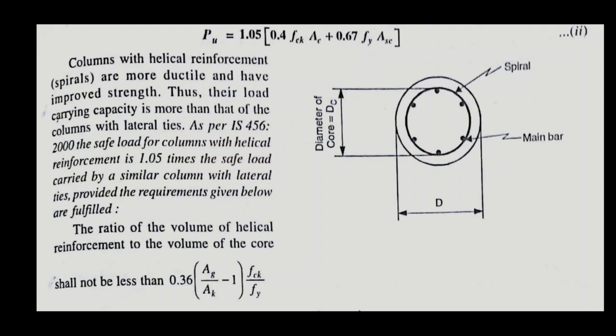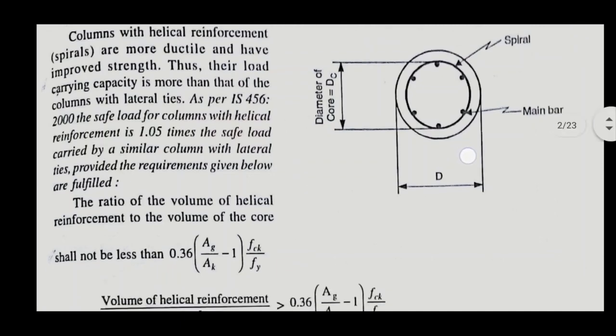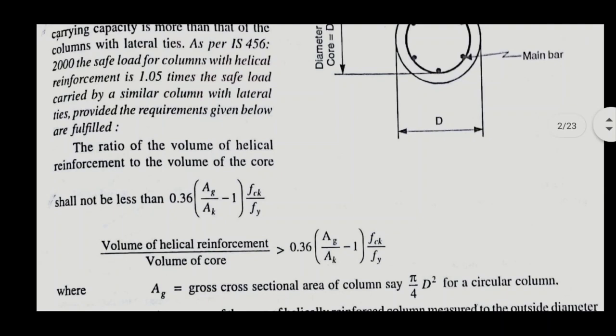Core diameter is denoted by Dc and whole diameter is denoted by capital D. Now, as per the consideration written in clause 39.4.1, volume of helical reinforcement by volume of core should be greater than 0.36 into (Ag by Ak minus 1) into fck by fy.